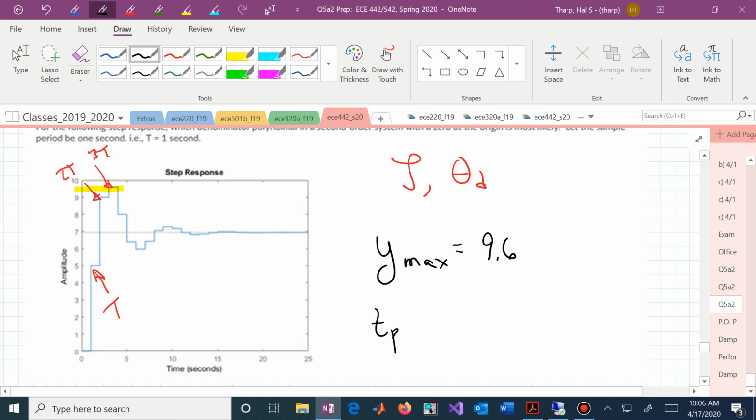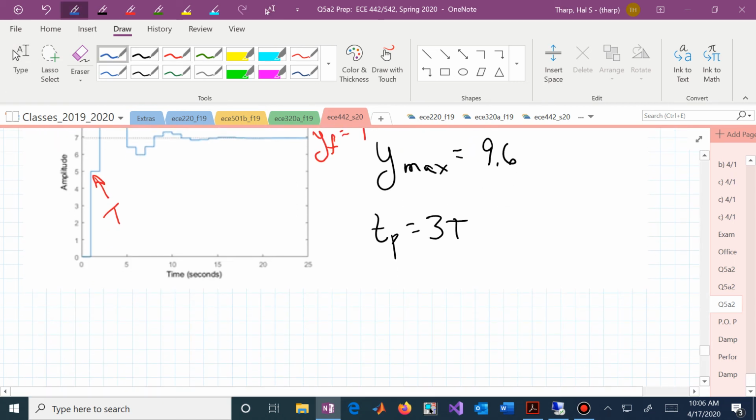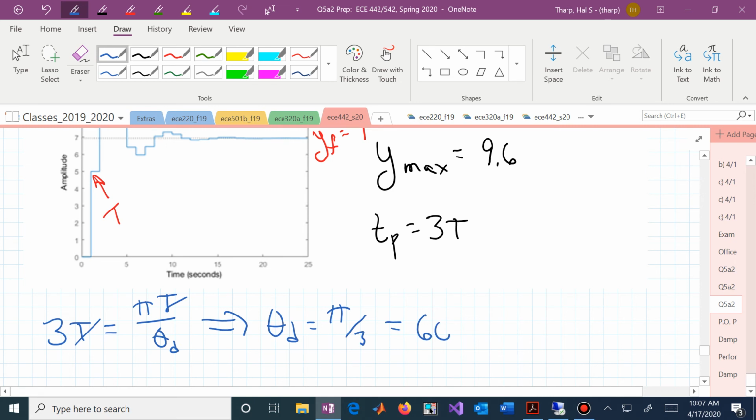Our time to peak is 3T, 3 sample periods, and our y final is 7. All of that taken together, we now know this relationship between time to peak, that's 3T, is pi T over theta sub d. We've seen this before. Theta sub d is now pi over 3, or 60 degrees.